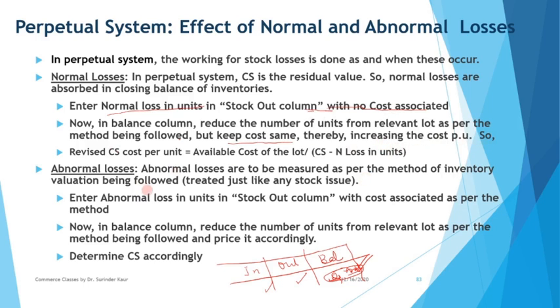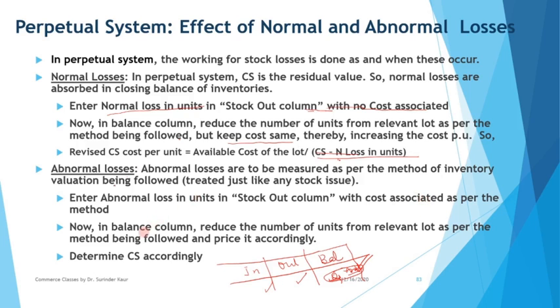Your revised cost per unit will be available cost of the lot divided by number of units available, that is closing stock minus normal loss. So if you have, say, a quantity shown in the books, say 800 units, but out of 800 units 50 units are lost, then the whole cost of 800 units will now be spread over the 750 units.